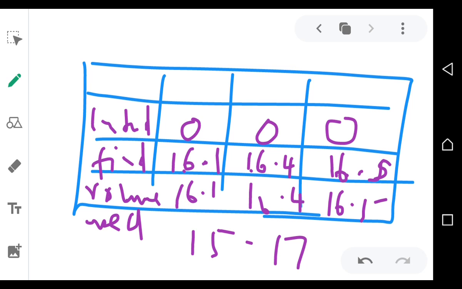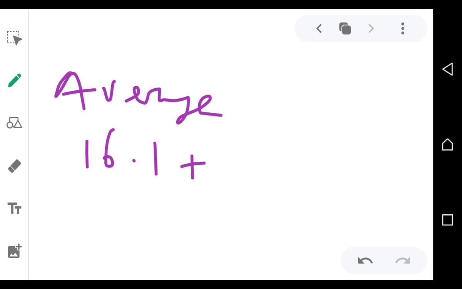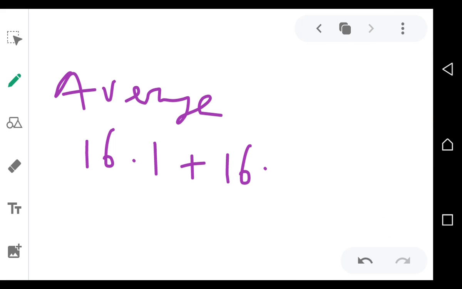So if you want to find the volume that was used for the acid, you get these. You see? This is 16.1 plus 16.4 plus 16.5. They will tell you to calculate the average volume. So the average volume will be 16.1 plus 16.4 plus 16.5.